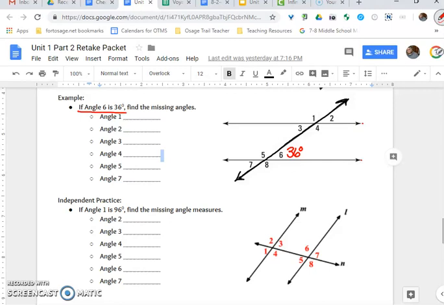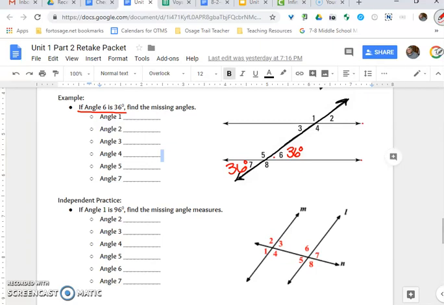So to do that, think about what we have. Well, we have angle 6, and angle 6 has a vertical angle right across from it, angle 7. Well, what do we know about vertical angles? They're equal, right? They're congruent. So that means angle 7 would be 36 degrees. Now, I'm not filling in any of these blanks until I get my diagram filled in. So you shouldn't either. Remember, only write what I write.